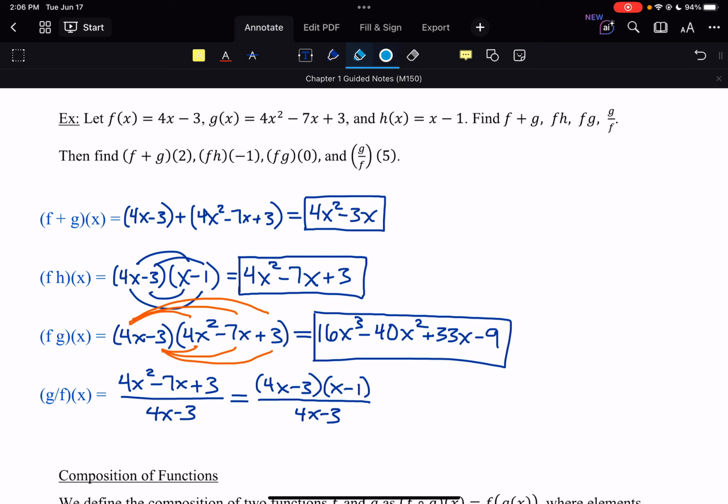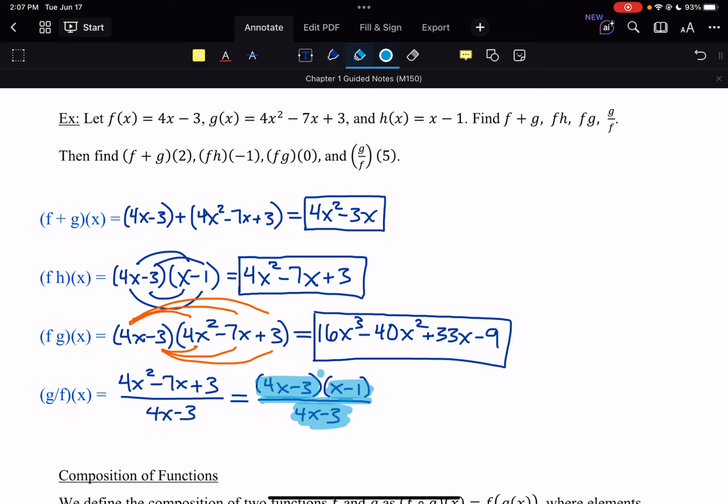Now, when it comes to canceling terms in the numerator and denominator of a fraction, you can't cancel across addition and subtraction. But here, I have this whole expression times this whole expression, and then divided by this whole expression, as a whole.